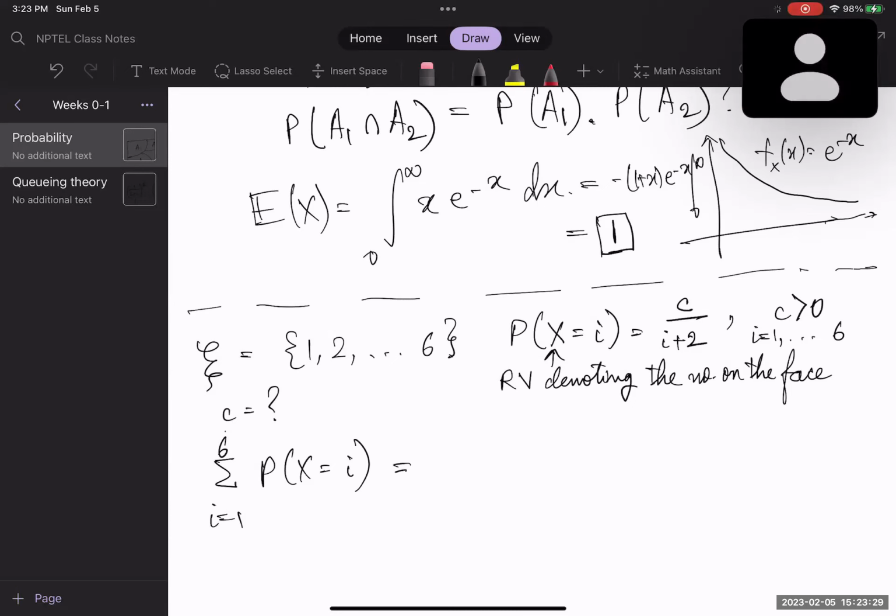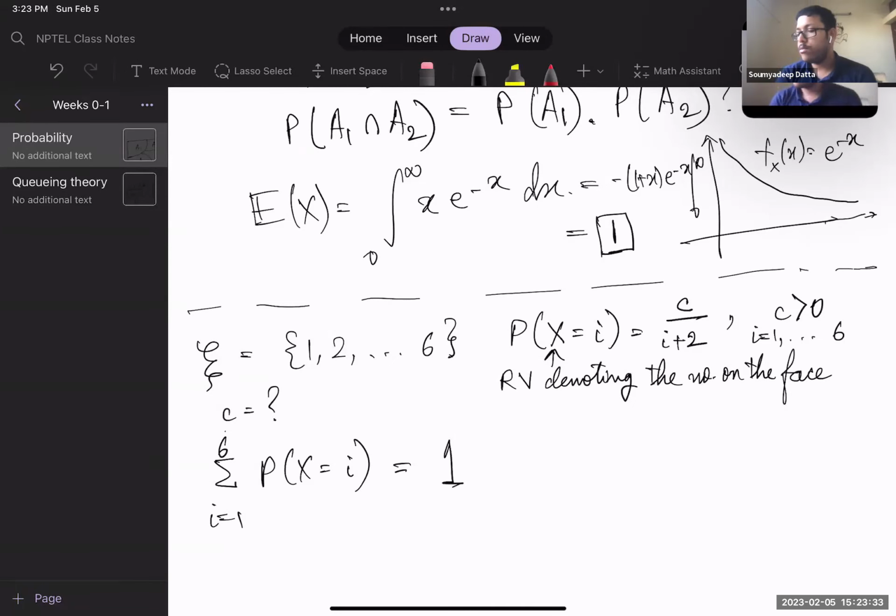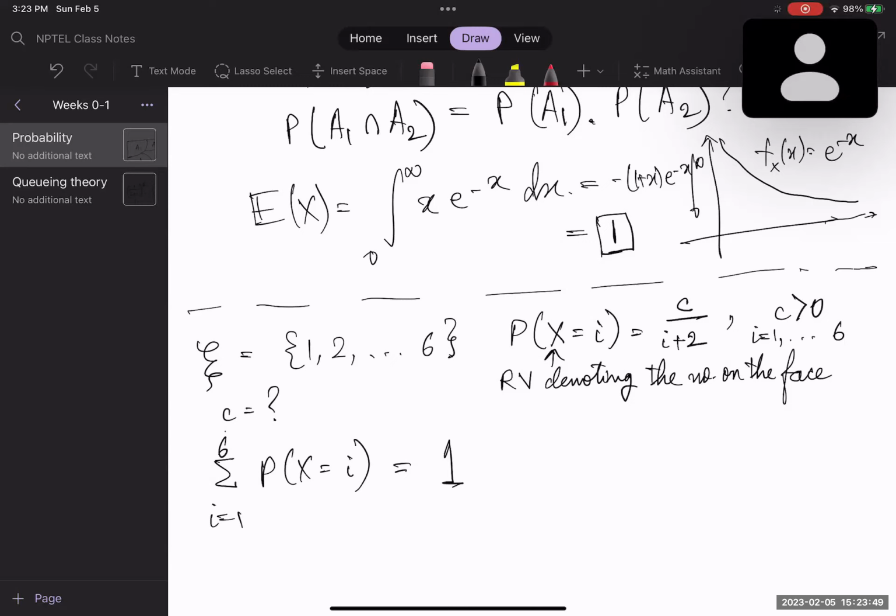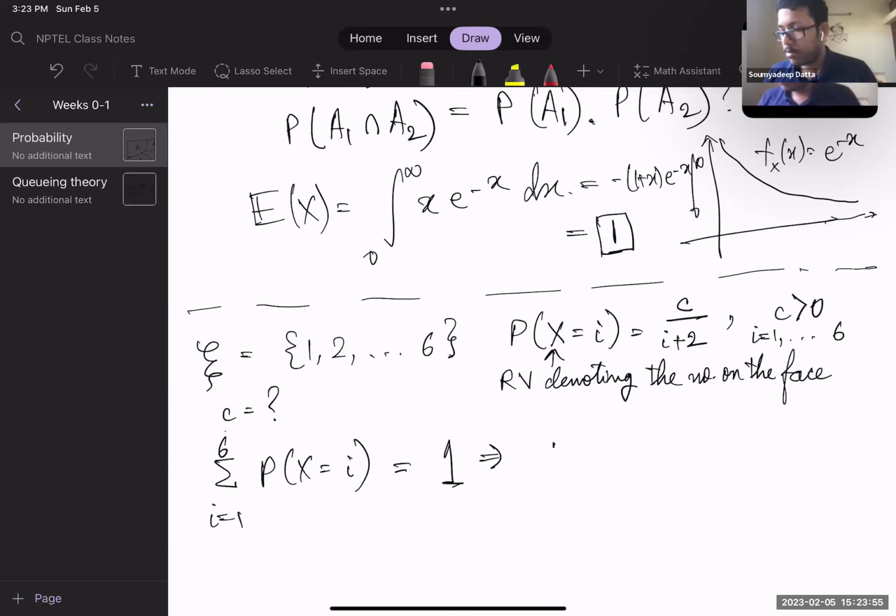Can you tell me what this actually is? Yeah, 1, right? Now can you solve? Can you suggest me a way to approach this? So we have to sum all the C by i plus 2. Exactly.